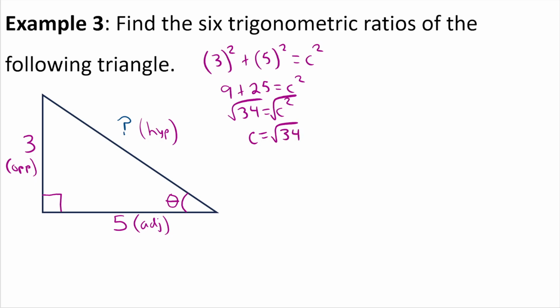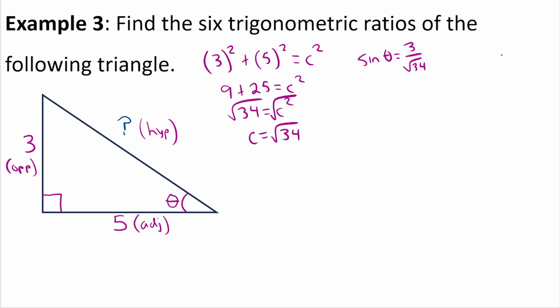And for most of the stuff in trig, we like to keep it in radical form, so don't use a calculator to simplify it. Now, if we do our trig ratios here, sine of theta is opposite over hypotenuse, so it's 3 over root 34. However, here's the dilemma. 3 over root 34 is something we don't like in our fraction because the denominator should not have a radical.